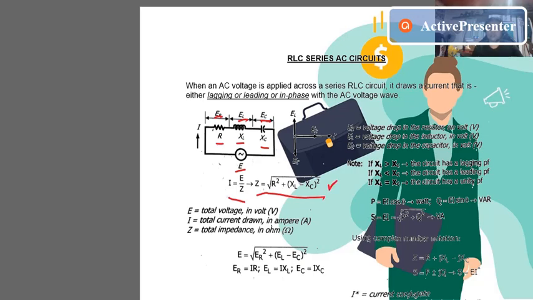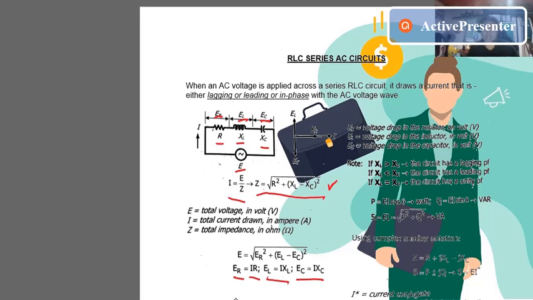The formula for voltage is the same: ER squared plus EL minus EC squared, where ER is IR, EL is I XL, and the voltage drop across the capacitor is I XC.